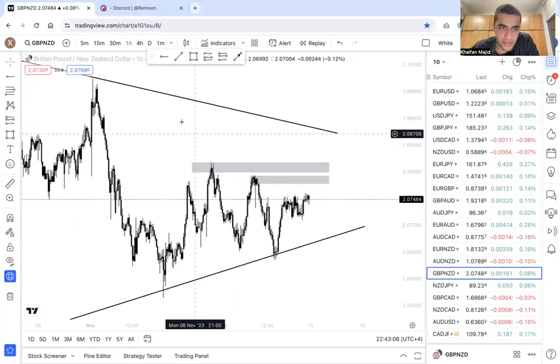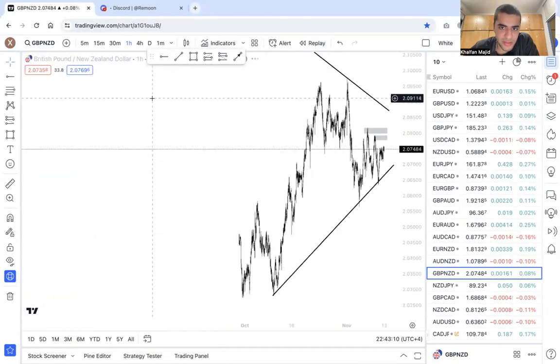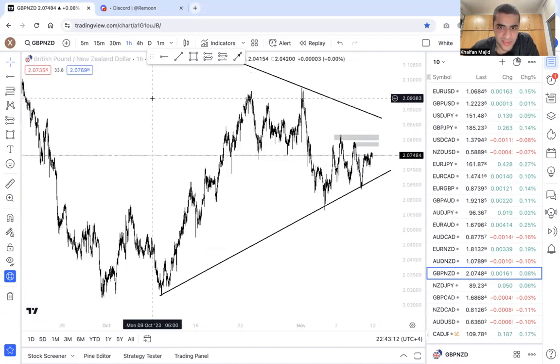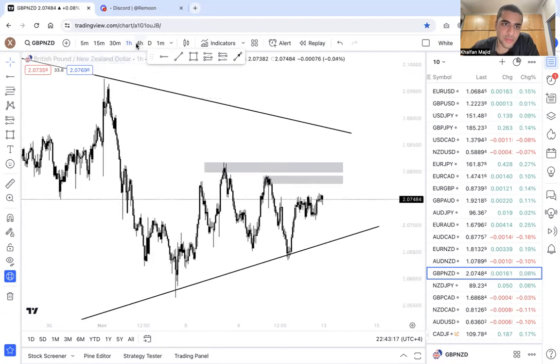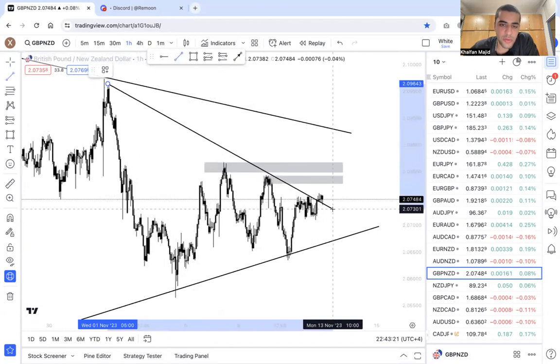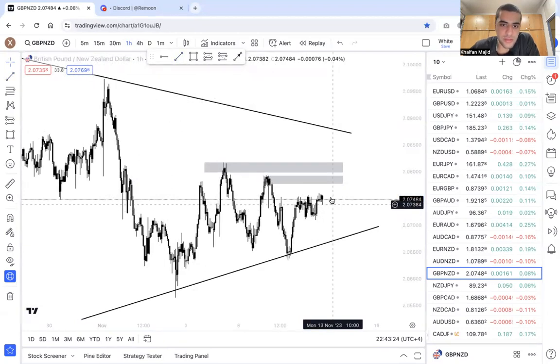We already have our daily trend lines. The best thing about these daily trend lines is they just set an expectation of where price will go, and then you can go to H4 and H1 and draw another trend line. There's nothing wrong with drawing more than one trend line.